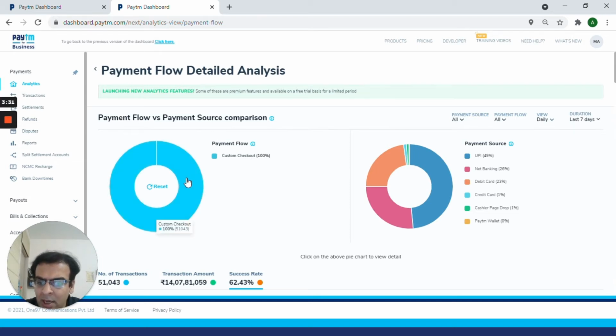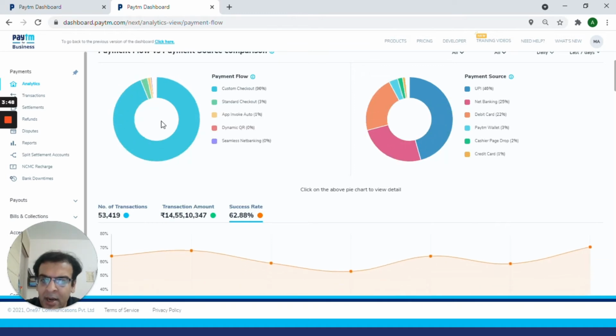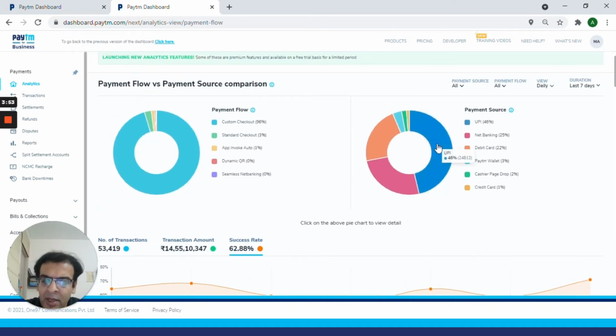Once custom checkout is selected, corresponding payment sources will get selected. That means all the data I am now seeing would correspond to custom checkout only, even in the trend line below. If I reset it, it will go back to the default state, and similar behavior is shown from the payment source end as well.